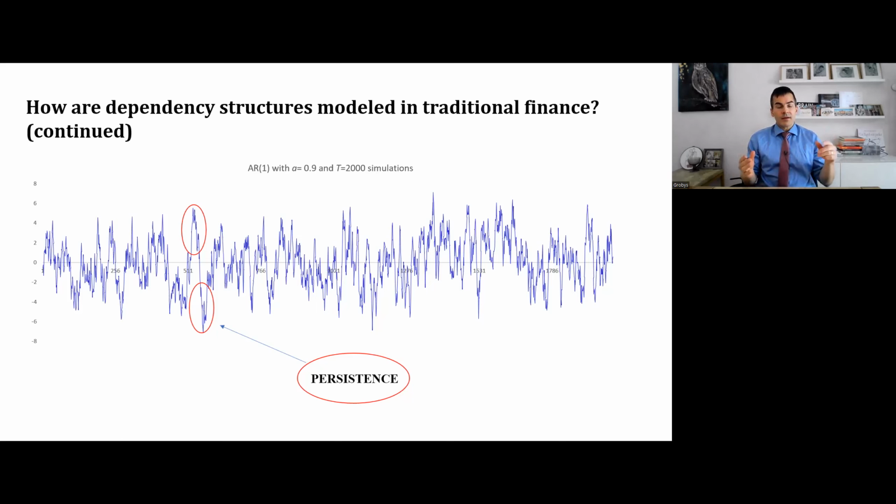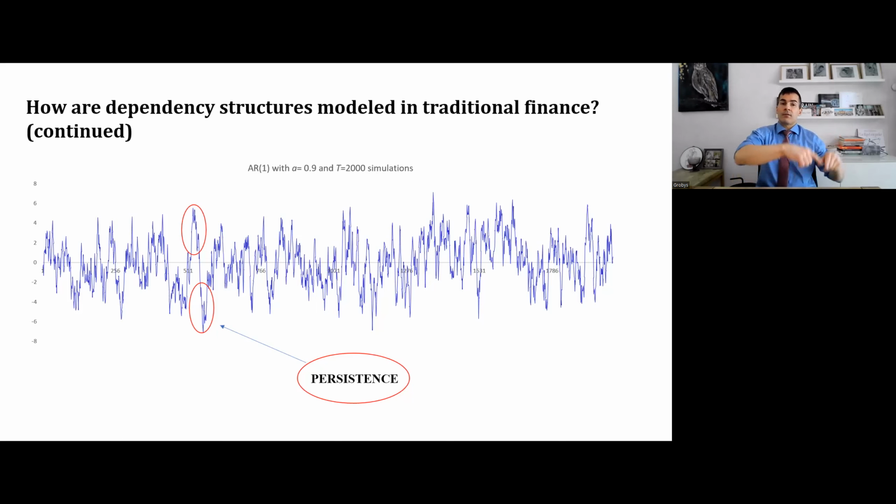So what's happening here? Once the process, let's say in one period, is 2 standard deviations above the mean, you can expect this process in the next period to be on average 1.8 standard deviations above the mean. So large standard deviations in the positive direction are followed by large standard deviations in the positive direction in the next period, on average.